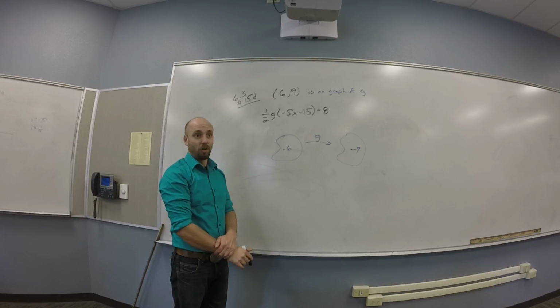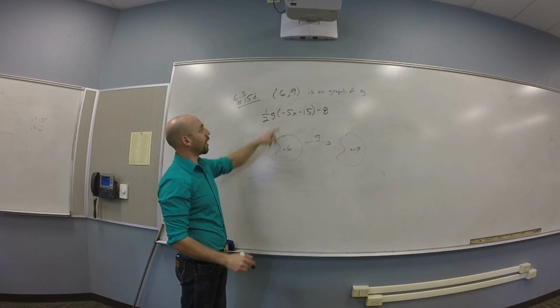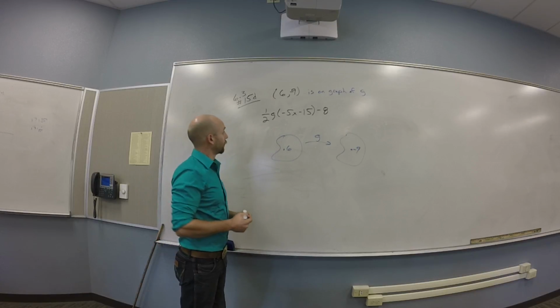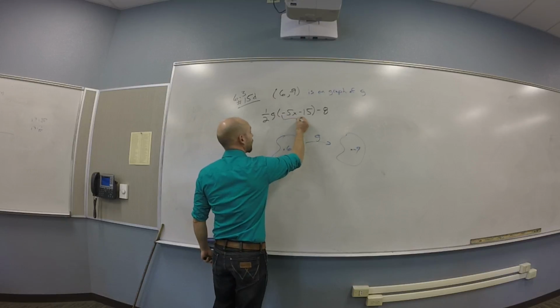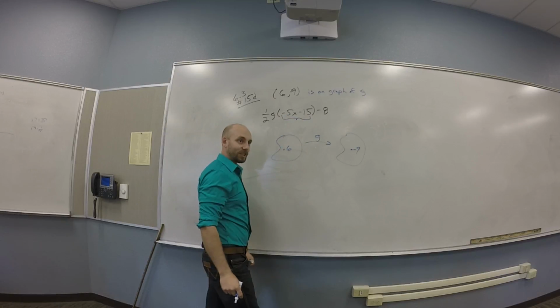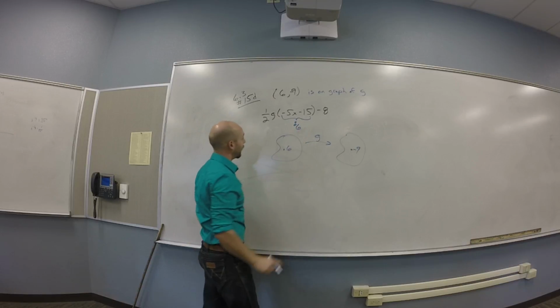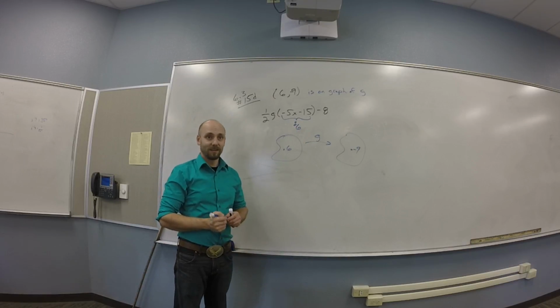6, right? Like the only thing I know how to fit into g is 6. So what am I trying to fit into g here? Here I'm trying to fit in negative 5x minus 15.